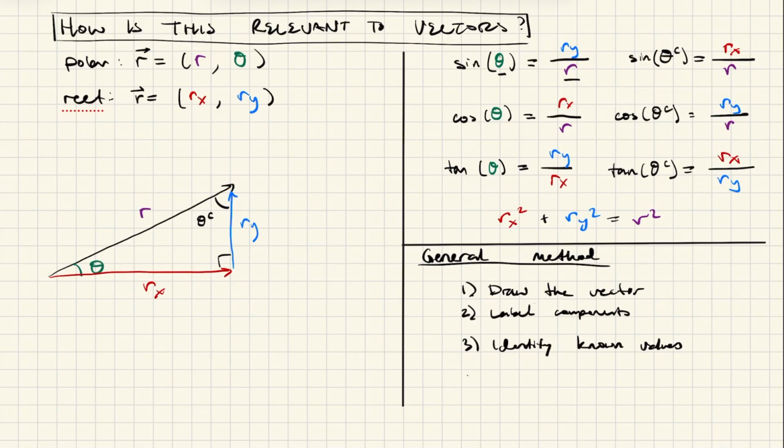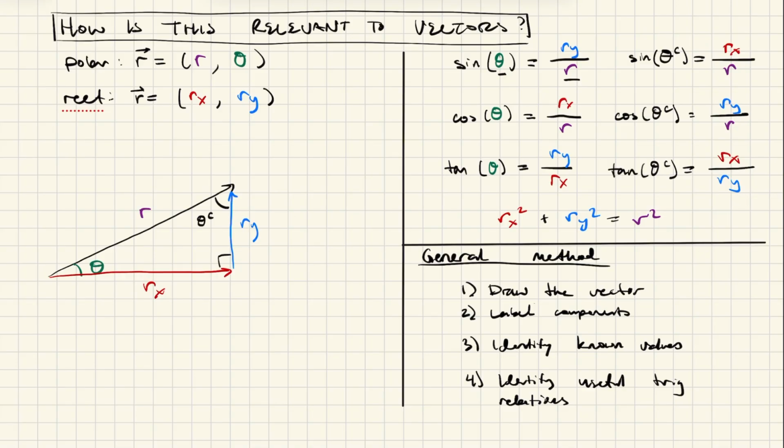So I'm going to compact this down a little bit and just say identify useful trig relations. All that really amounts to is picking out the trig relations for which you know 2 of the variables and don't know the third. And then you can solve those equations for whatever third unknown variable you need.